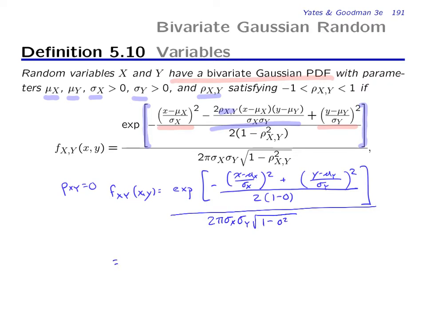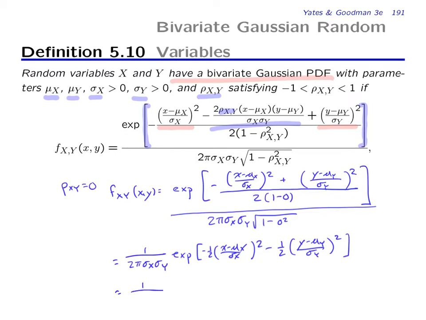And we can simplify this and write it as 1 over 2 pi sigma x sigma y. And now the exponent can be written as minus 1 half x minus mu x over sigma x squared minus 1 half y minus mu y over sigma y, quantity squared.